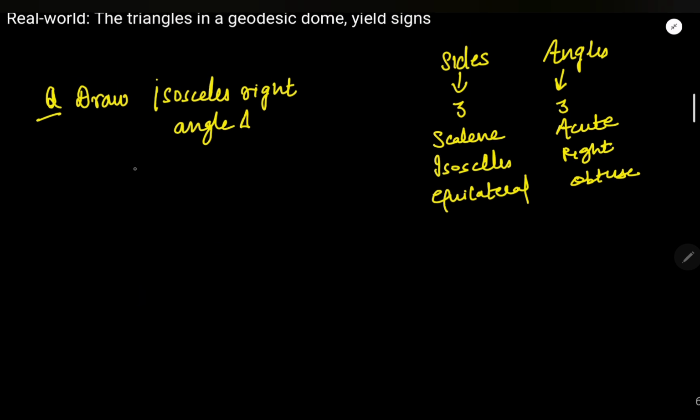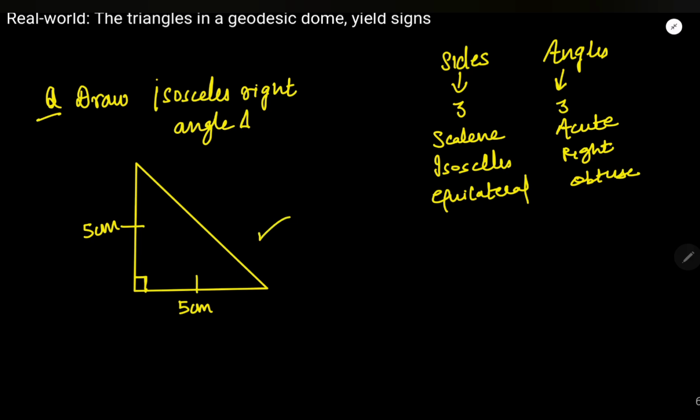Right angle means that you have an L, like this. Isosceles means two sides should be equal. So suppose I take this as 5 centimeters, then this as 5 centimeters, and one angle 90 degrees. So now this is what? An isosceles right angle triangle. I hope you are getting it.